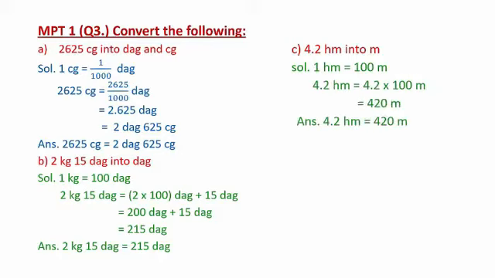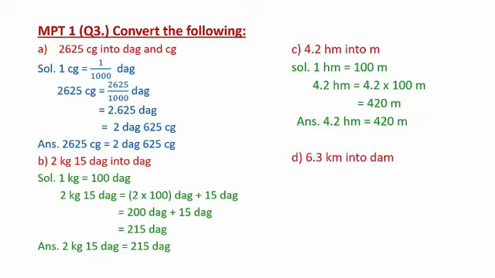So converting 4.2 hectometer into meter, we will multiply it by 100, that is 4.2 into 100 meter, which is equal to 420 meter. The answer is 4.2 hectometer equals 420 meter.